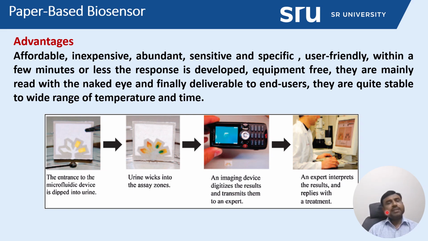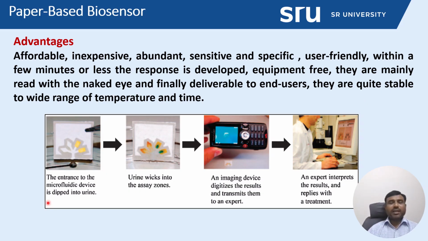Another direction is the paper-based biosensor, which is also an important topic because the main advantages of paper-based sensors are that they are affordable, inexpensive, abundant, sensitive, specific, and user friendly. Within a few minutes or less, the response is developed. Further, this paper-based sensor needs no special equipment.